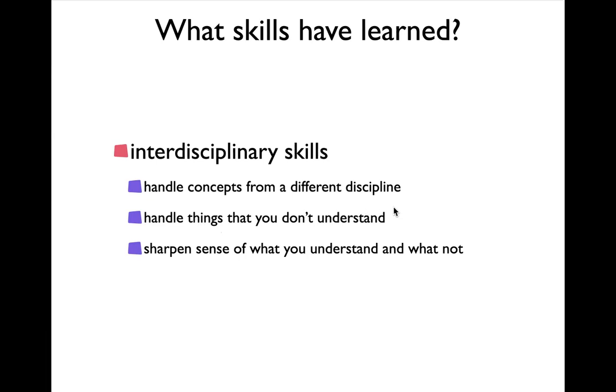That requires you to know that you don't understand it, and then to know how to find out about it and who to talk to and what to do about it. That aspect is generally called metacognition, to know what you understand and what not. That's a very important skill for interdisciplinary work, but actually also just intellectual work in very general terms.